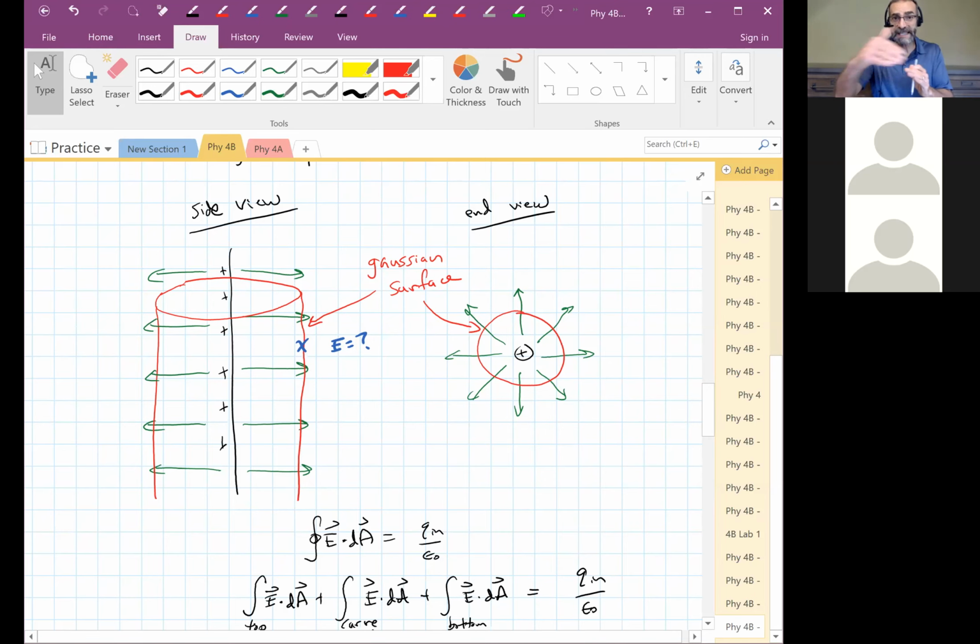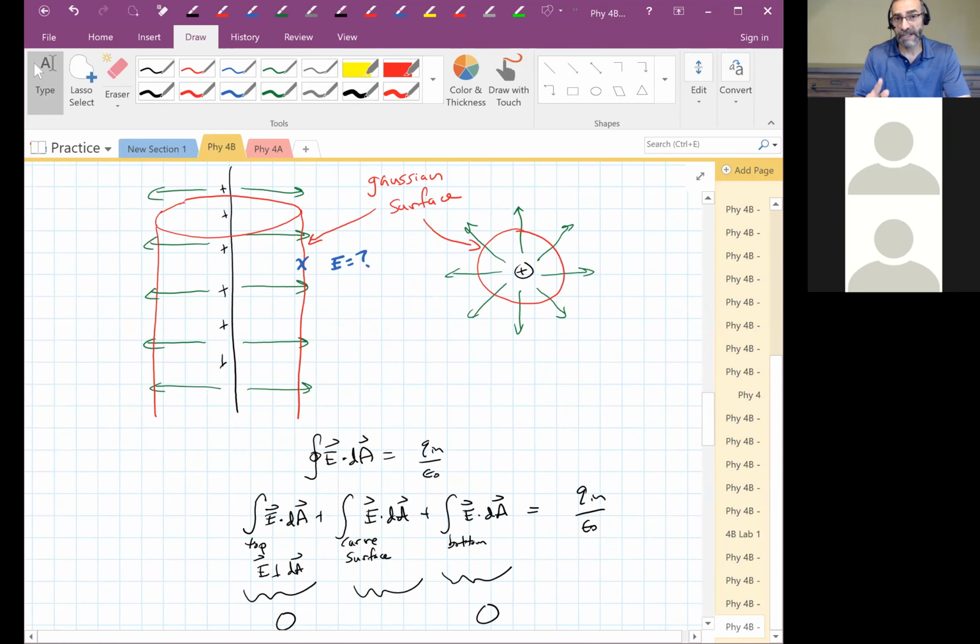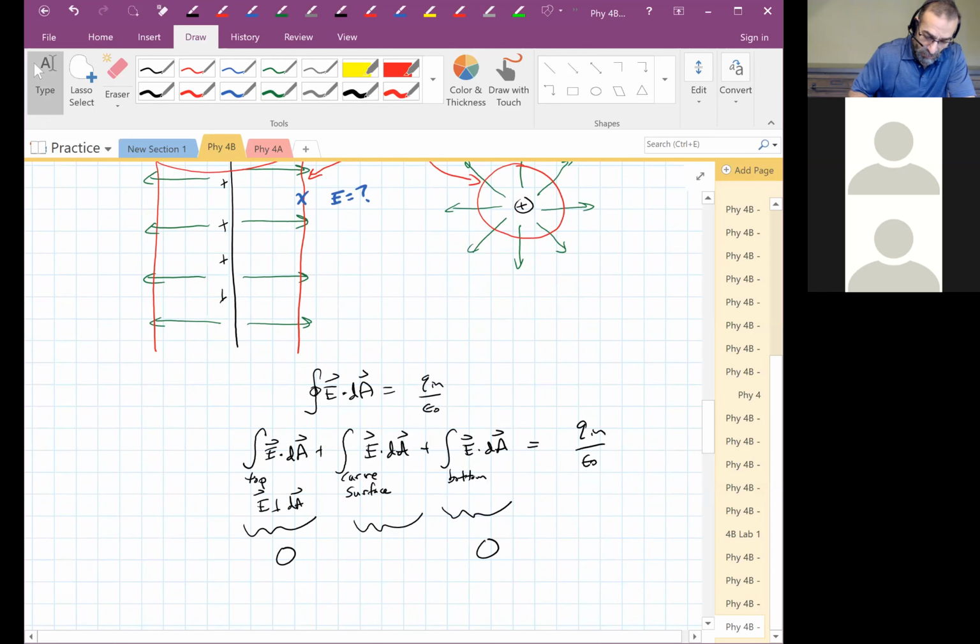We're at the same radius all the way around on this Gaussian surface, so E is going to be constant. And the dot product is just going to give us a cosine of 0 degrees, which is 1. So we end up with E times the area of the curved surface.